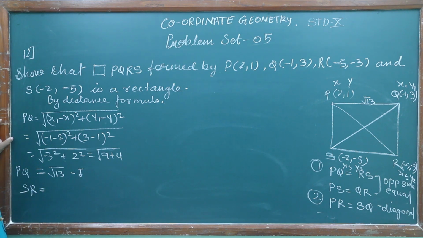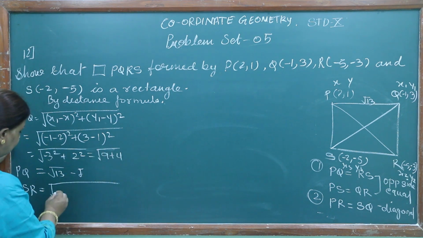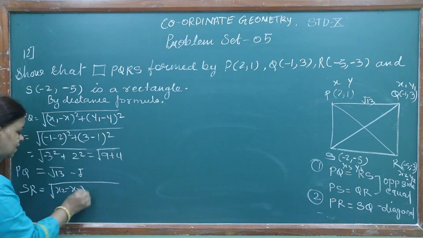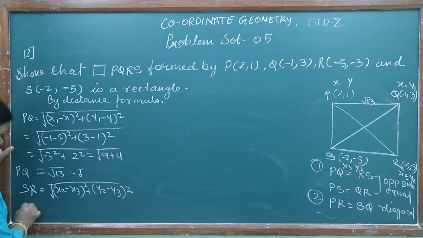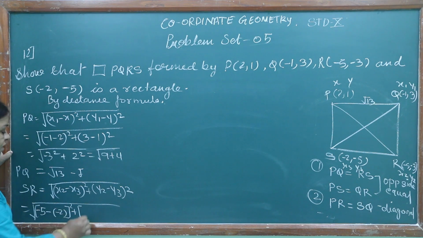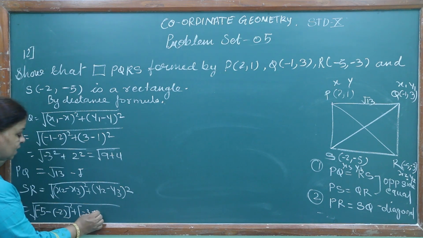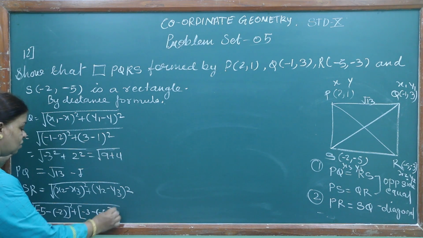So again by distance formula, SR is equal to, now by distance formula what will come? x2 minus x3, the whole square, plus y2 minus y3, the whole square. x2 is minus 5 minus x3 is minus 2, the whole square, plus y2 is minus 3 minus y3 is minus 5, the whole square.